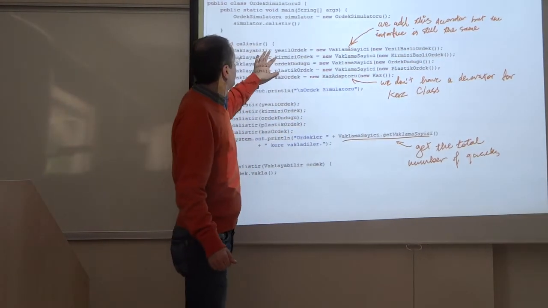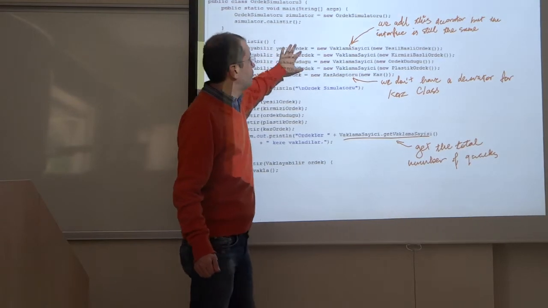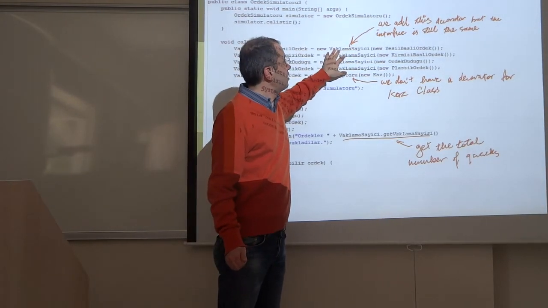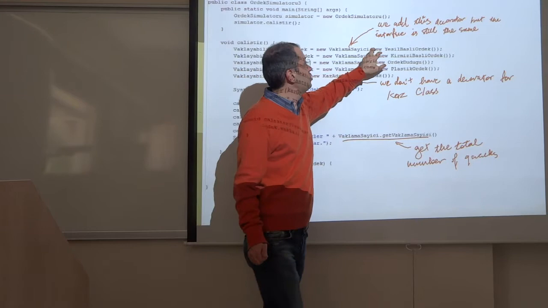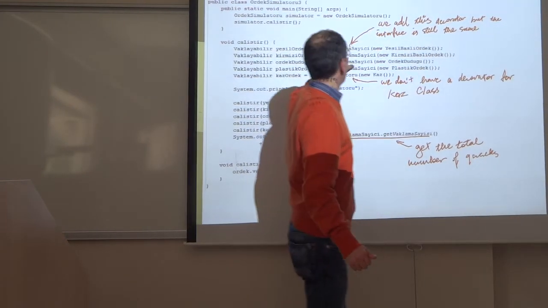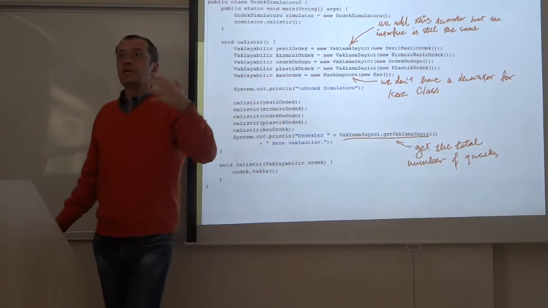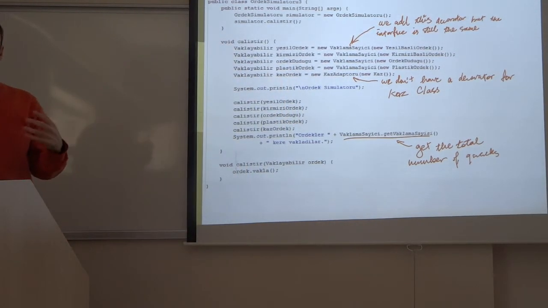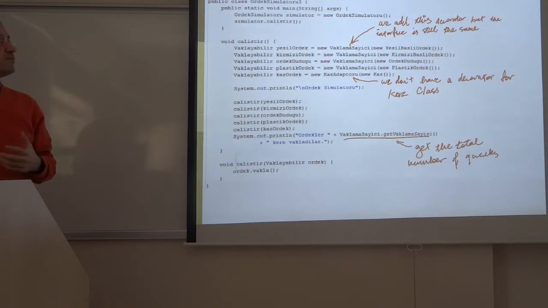All of my variables of this kind start with a new quack counter, and I pass a concrete duck to the quack counter. This is how I make sure that I'm counting all the quacks.